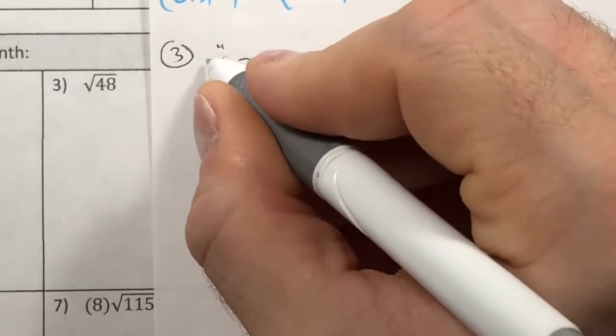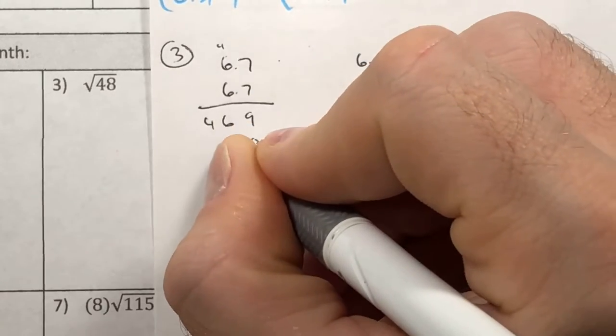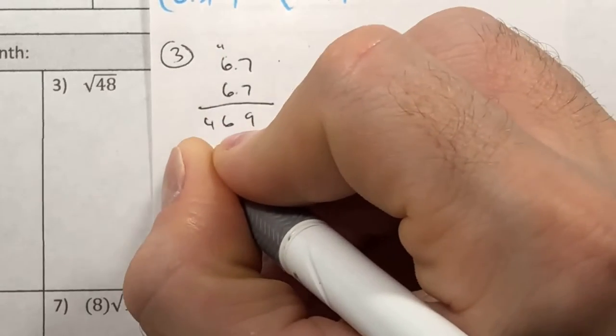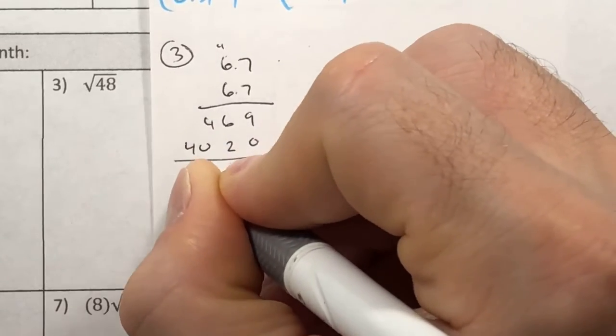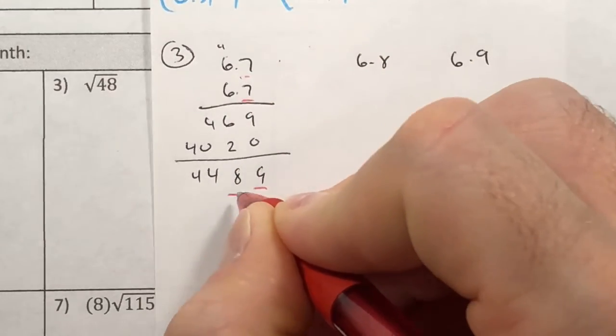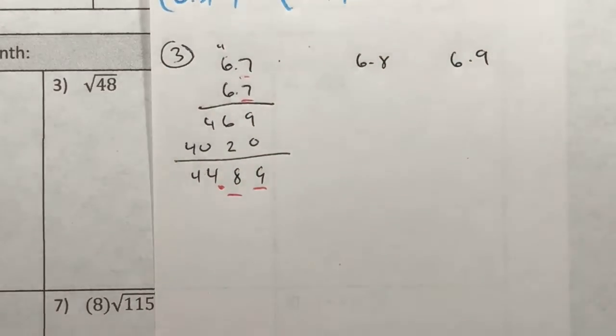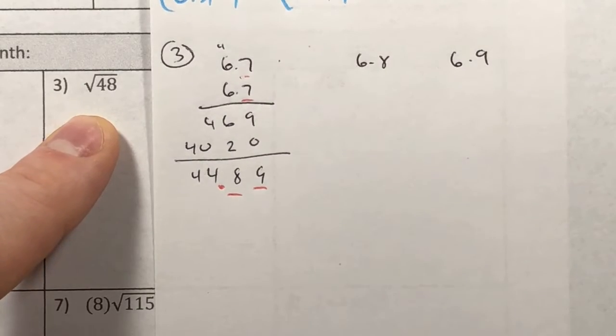That's 42 plus 4 is 46. Hold my 0. That is going to be 42, carry the 4, 36, 40, 9, 8, 4, 4. I had 2 decimals in my original, 2 decimals in my final. I have 44.89.